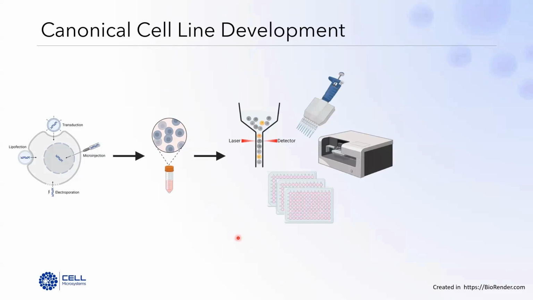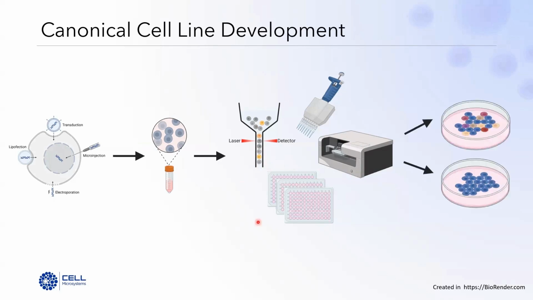The way that you turn that polyclonal population into a cell suspension and into a single cell population varies depending on what you have in your lab, but it could be as simple and as manual as 96 well plate manual limiting dilution, or as complex as a 3D printer or a flow-based sorting system. And ultimately, the choice of how you enrich your population can really dictate your ending cell population and whether or not you need to do further refinement to create a poly versus monoclonal population.